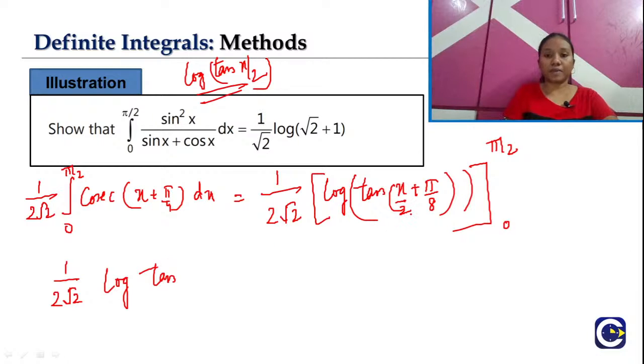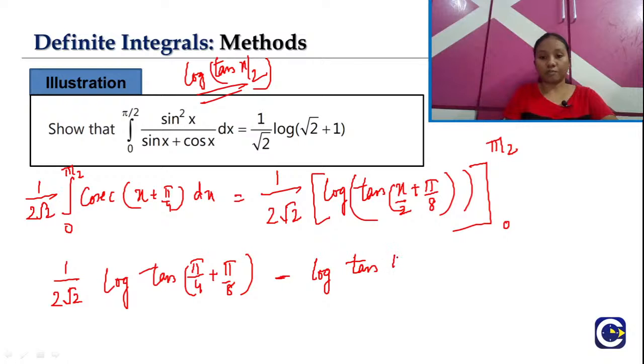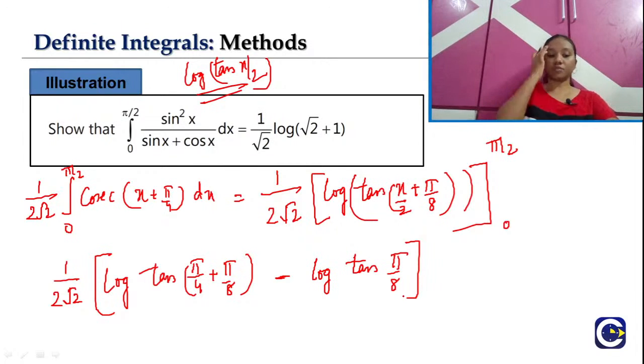If I substitute pi by 2 here, this will become pi by 4, so pi by 4 plus pi by 8. And then I have to substitute 0. If I substitute 0 here, this term will become 0 and I will have only pi by 8. That means log of tan of pi by 8. So this will be the term once I substitute pi by 2.